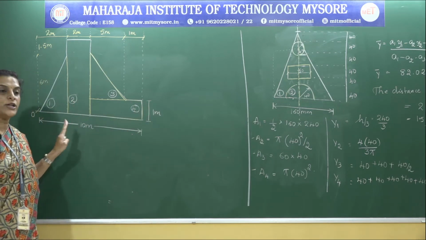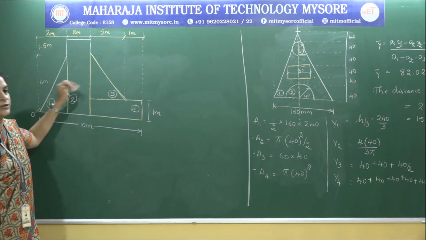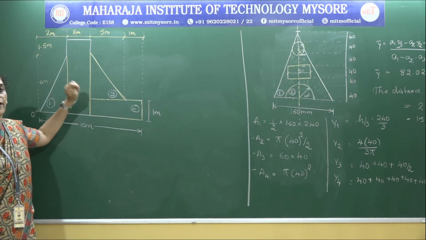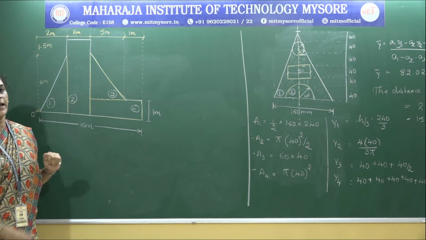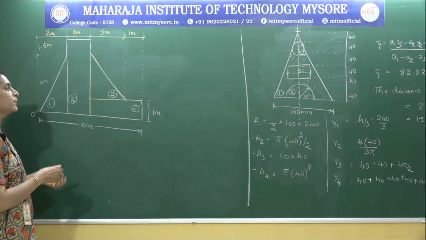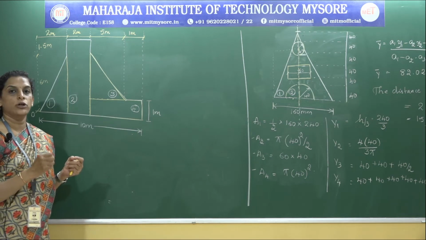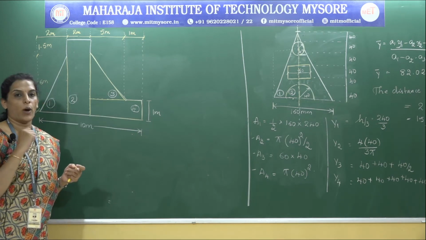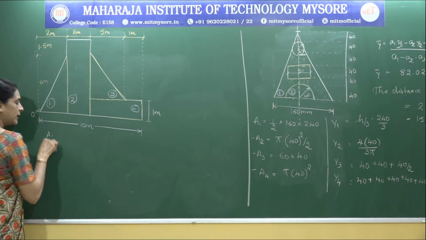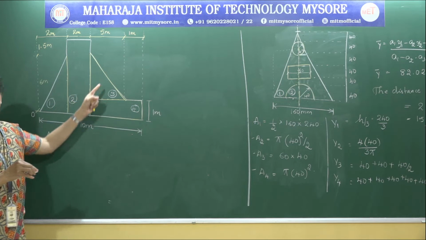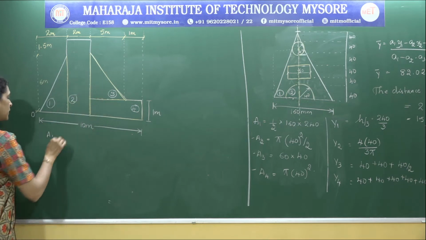So now we shall see about the axis of symmetry. We don't have the axis of symmetry either on the x-axis or on the y-axis. Which means we are supposed to find out both x bar and y bar. Before that, we shall find out the areas of all four sections individually.